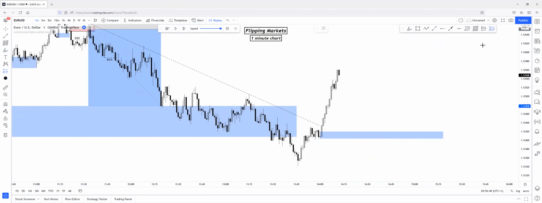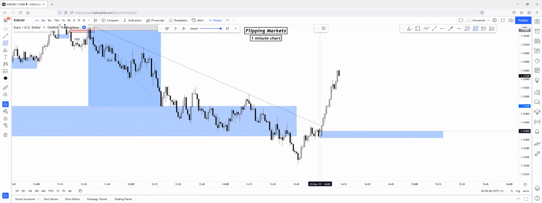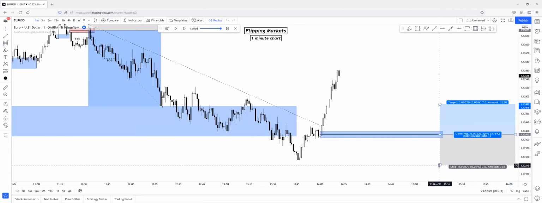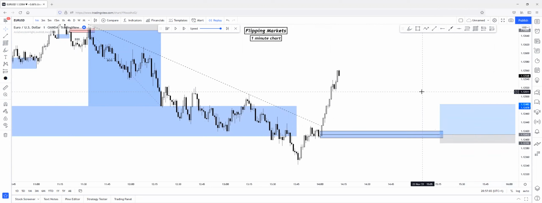We can set an order limit on this one, and we can use the 50% of the zone because this will be another equilibrium entry, as you can see, because the wicks are bigger than the 50% of the whole body. So I will just use the equilibrium entry again. 50% entry set. 2 pip stop loss again, because we always use, not always, but 90% of the time I use 2 pip stop loss.